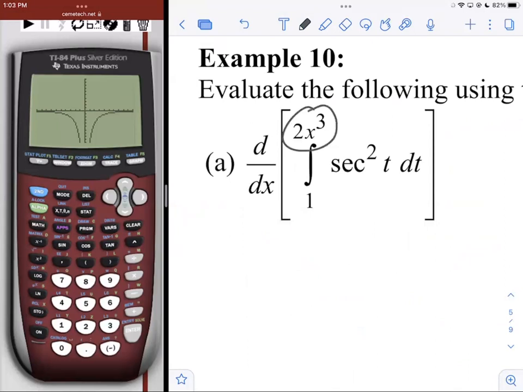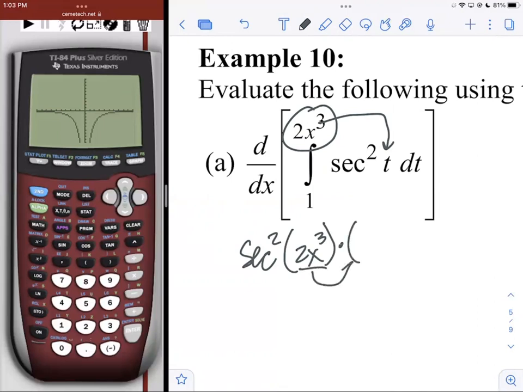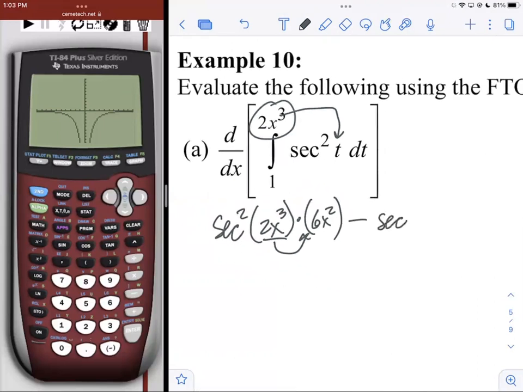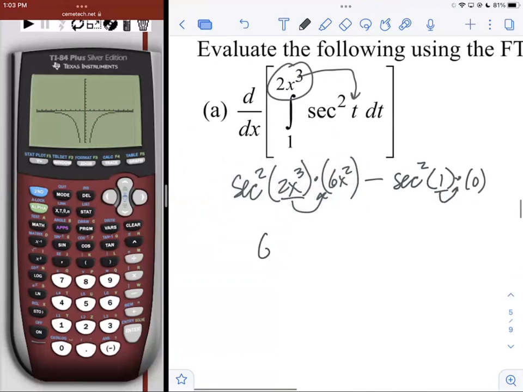Like the first fundamental theorem, we plug this in and we get secant squared of 2x cubed times the chain rule, the derivative of what we plugged in. What's the derivative of 2x cubed? 6x squared. Okay, boom. And then minus, do we even need to worry about the bottom here? Secant squared of 1? Not really, because if we're plugging in a constant, what's the derivative of the constant? 0. Yeah. And the answer is 6x squared times secant squared of 2x cubed.